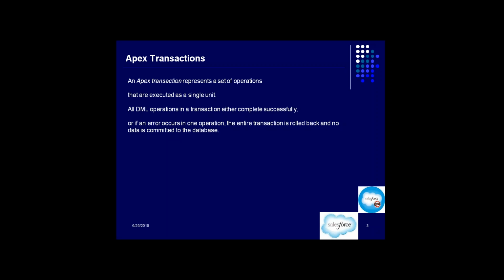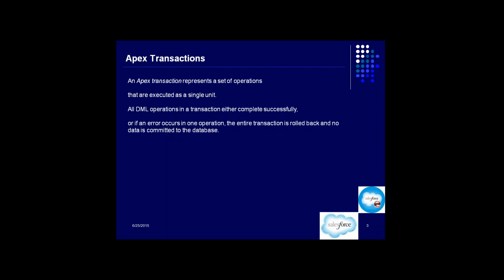If it keeps the account in the database and just does not create the contact and opportunity, then next time when you try to redo that by making changes on the contact, it is again going to create one more account, making the data redundant.